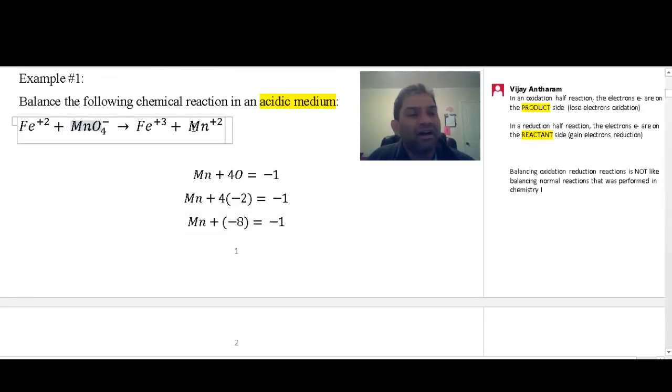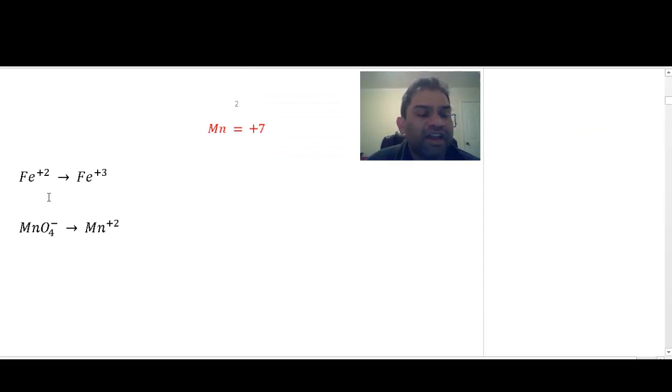So let's write our half reactions and figure out which one is oxidation and which one is reduction. We have our first reaction here, Fe plus 2 going to Fe plus 3. Remember, we have to divide and sort of deconvolute this full redox reaction into an oxidation half reaction and a reduction half reaction. So we're going from plus 2 to plus 3.